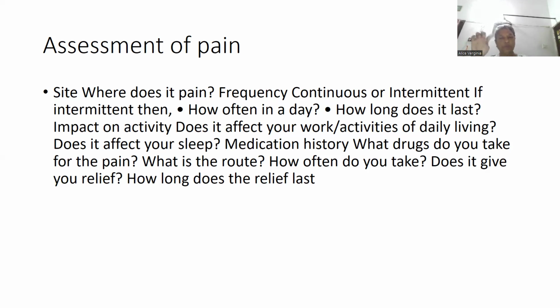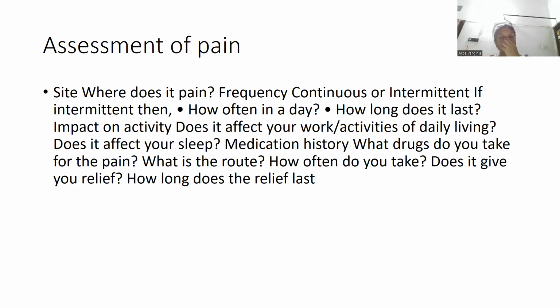So, O, P, next is Q, quality of the pain. What is Q, quality? Quality means how the patient is going to describe to you about his pain, whether it is burning sensation, needle pricks, stabbing, throbbing pain, colicky pain.